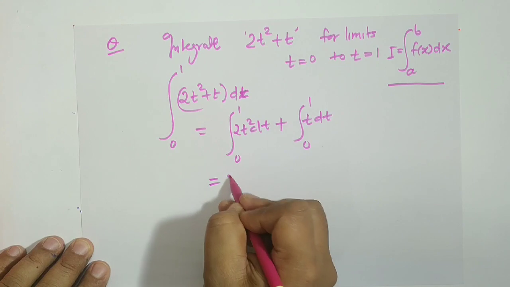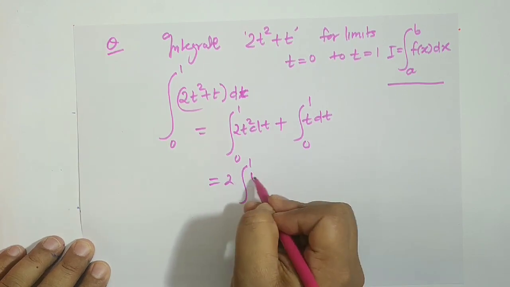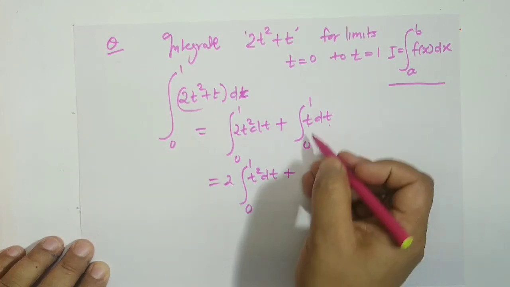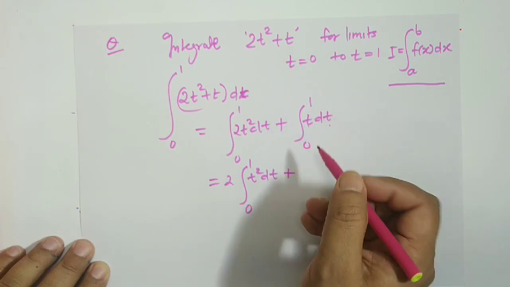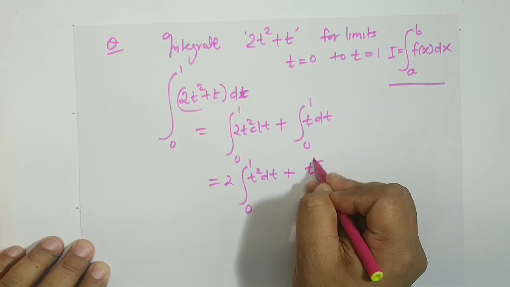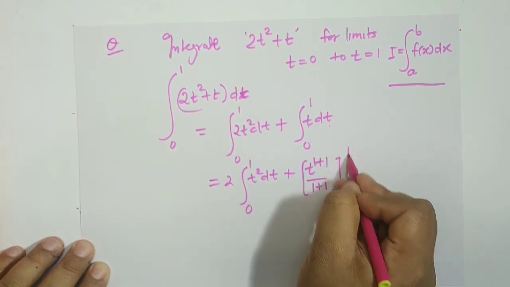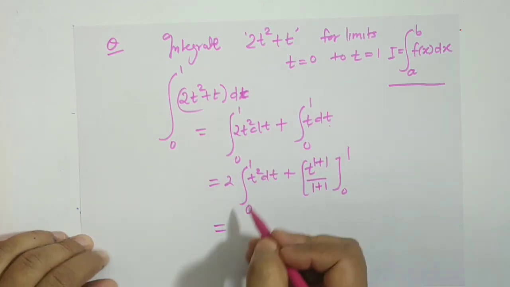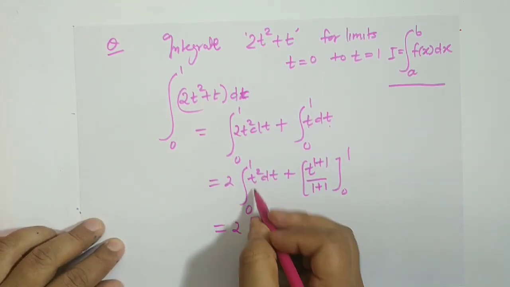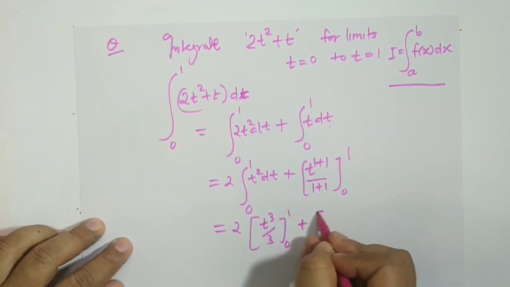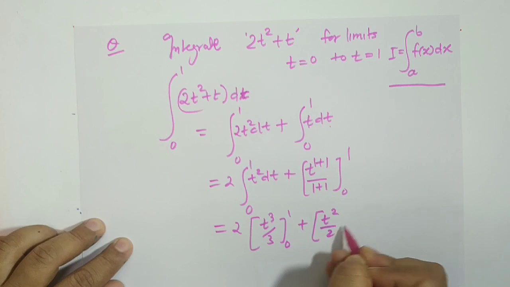And then 2 will come out, I think all of you know, t square dt. And for t dt we are going to apply x^(n+1) upon n+1, so t^(1+1) upon 1+1. Are you getting it? The integral sign will go off, and for this I am going to write t cube by 3 directly, from 0 to 1, and t square by 2, from 0 to 1.